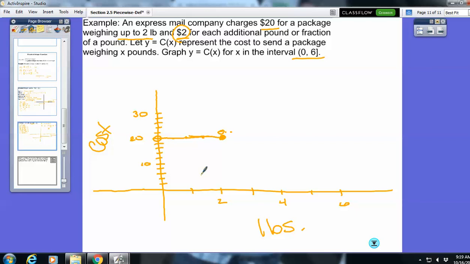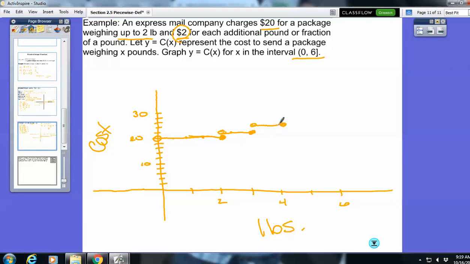How long am I going to stay there at 22? For each additional pound. So for everything from 2 to 3 pounds, you are paying the $22. But if you hit any 3.1 pounds, what happens to your price? It goes up to 24.